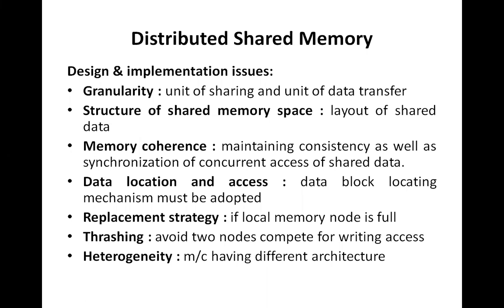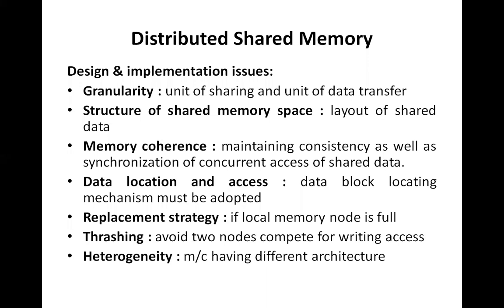The third one is memory coherence and access synchronization. This is an important issue which has to be taken care of while designing the distributed shared memory system. The distributed shared memory system allows the replication of the shared data items, so that copies of a shared data item may be simultaneously available in the main memory of a number of nodes.